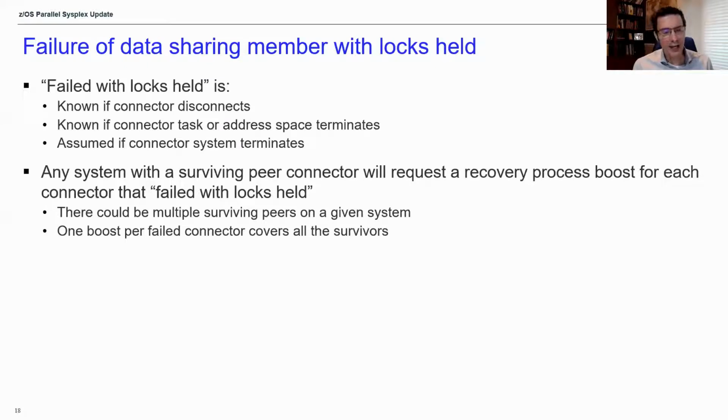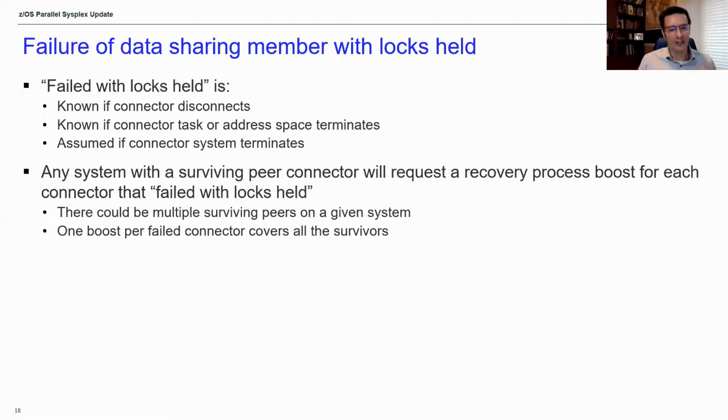So if the locks are held when a lock connector goes down, let's talk a little bit about the scenarios when this comes into play. For example, if a connector disconnects with locks held, XCF is going to send notifications to all the other connectors, and those other connectors are going to have to perform this recovery processing.